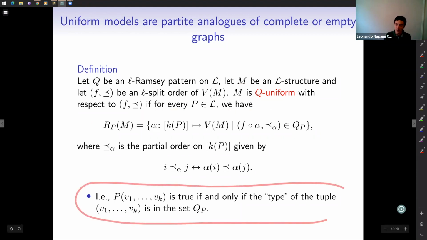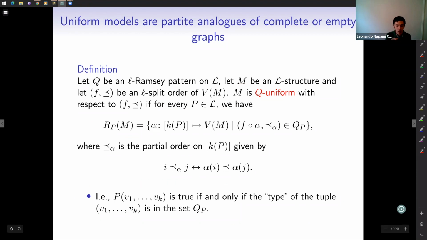Look at this part here. It says, in my Q-uniform model, P is going to be true for a certain tuple if and only if the type of the tuple is in the set Q_P, right? So this Q_P is a set of types of tuples, and P is going to be true if and only if the type is in that set. So this is how you encode this more general setting.